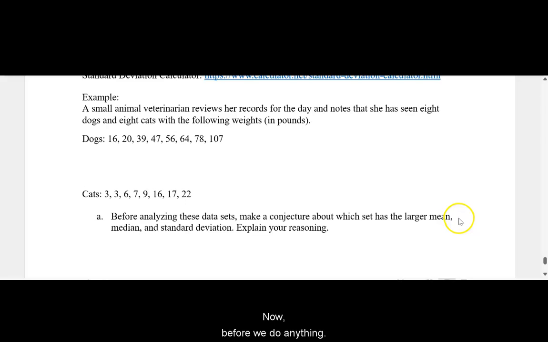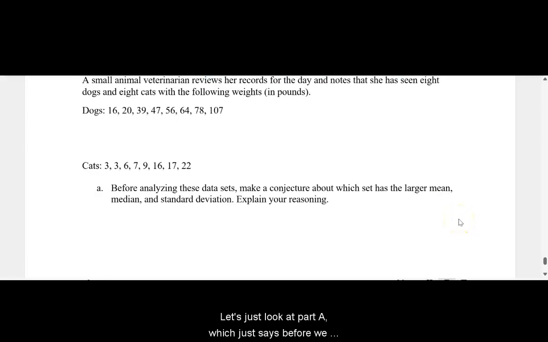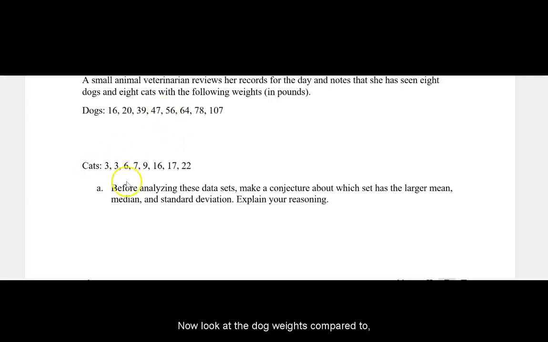Now, before we do anything, let's just look at part A, which says, before we analyze these data sets, let's make a conjecture about which set has the larger mean, median, and standard deviation. And then we'll talk about why. Look at these numbers. Now look at the dog weights compared to the cat weights.